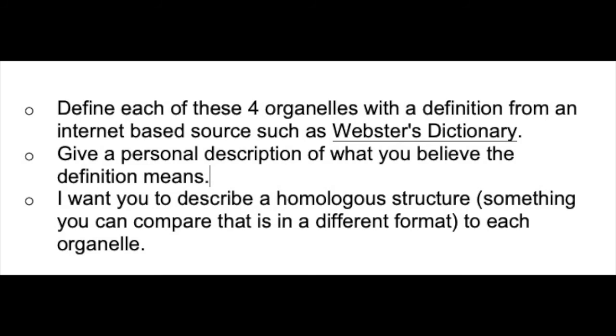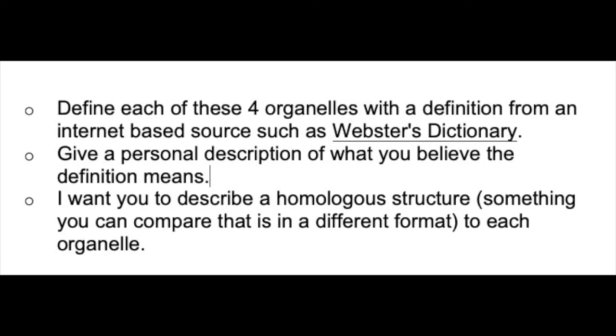Now, we would really like you, for your activity at home, to go in and find definitions for each of the 4 organelles that we talked about in today's lesson. Find a definition for the cellular membrane. Write that definition down. Then we want you, on that same document, to tell us what that definition means to you. And thirdly, we would like you to find a homologous structure.